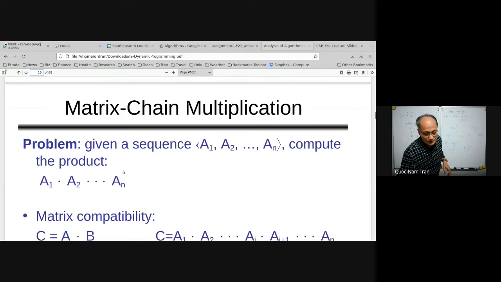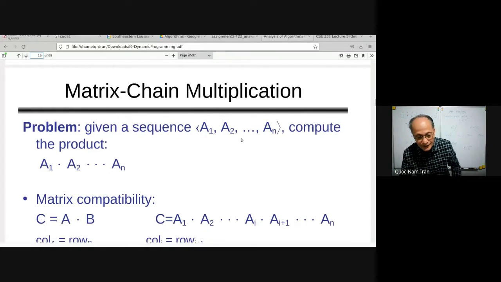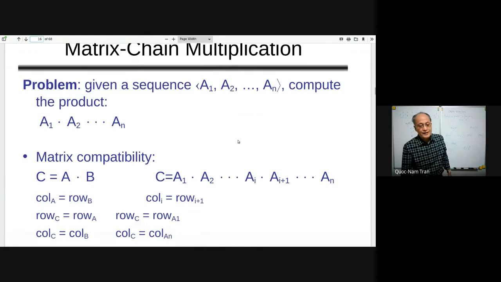Okay, so the simpler one is what we call the matrix chain multiplication. So I guess you know how to multiply two matrices, right? So I will remind you a little bit about that right now. But the problem is as follows. We have a sequence of matrices.